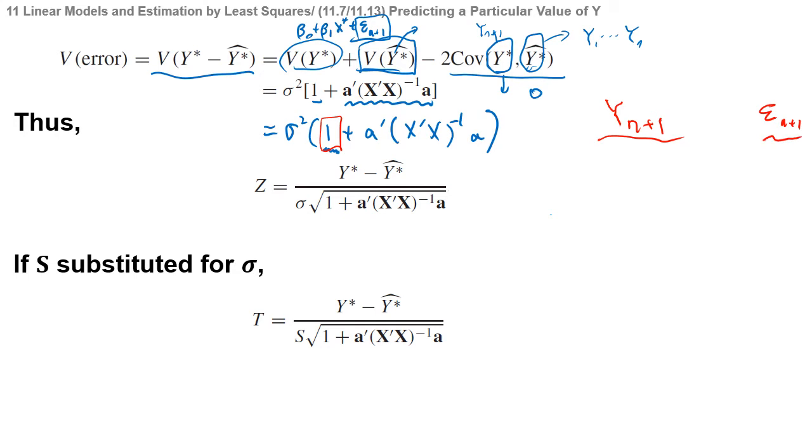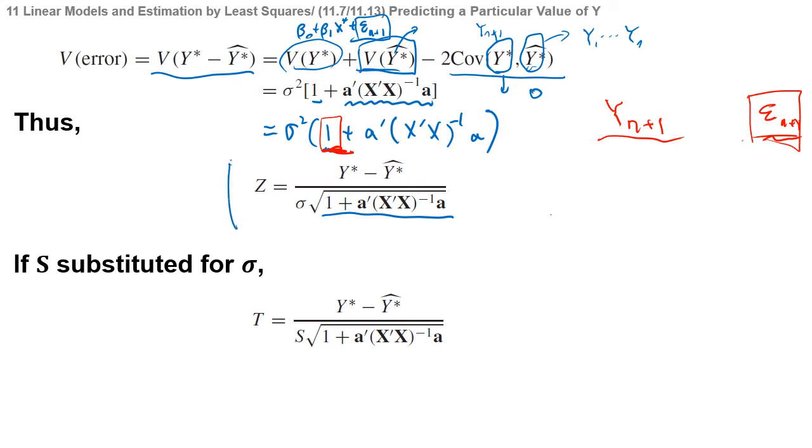So you need to consider this additional variation in the calculation of the variance of the error. So this plus 1 part is added when you are predicting the future.